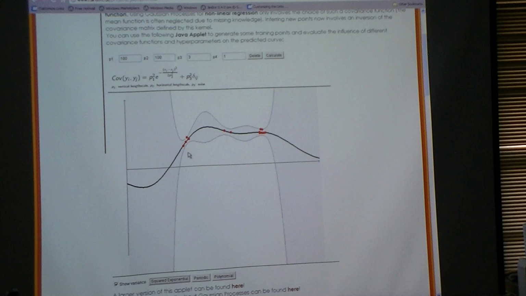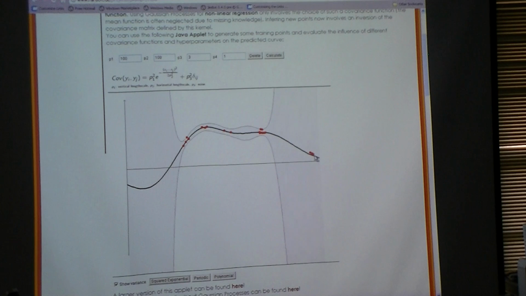You tell me, because I have observed enough values in this region, I'm very confident it's going to be in this region. The next time if you observe more here, the region is smaller now. So I know the true value has a 95% chance of being inside this region.